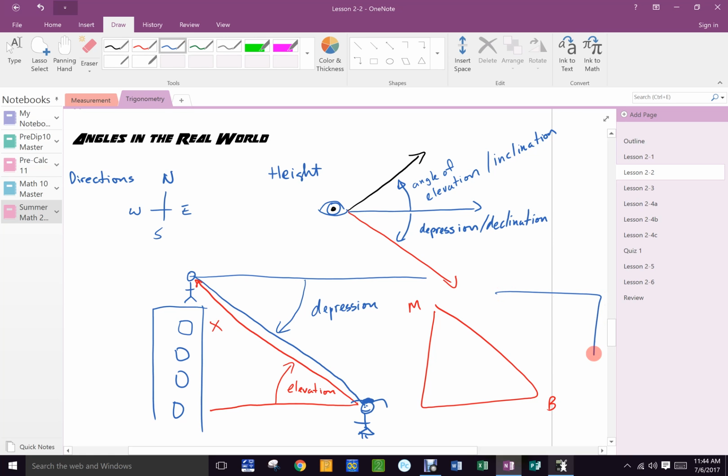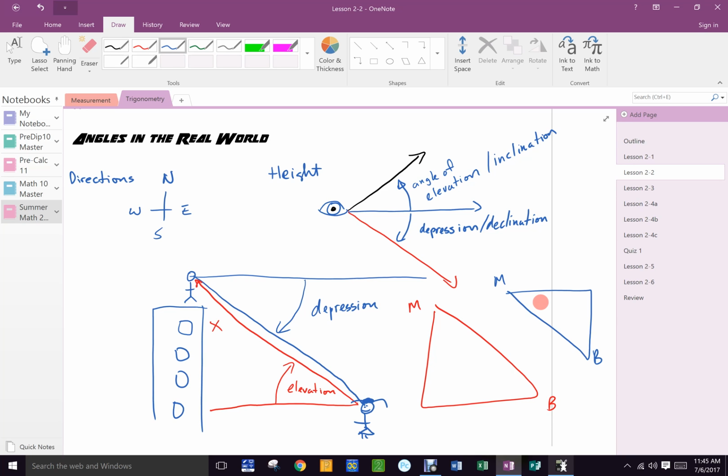Or I could draw the blue triangle. Nice triangle. It's fat like my belly. I can do the blue triangle from Myers to Brooklyn, and that would be depression. Is everybody cool? Okay, I'm not even going to worry about directions yet. We'll do them a little later on. Everybody good? Okay.